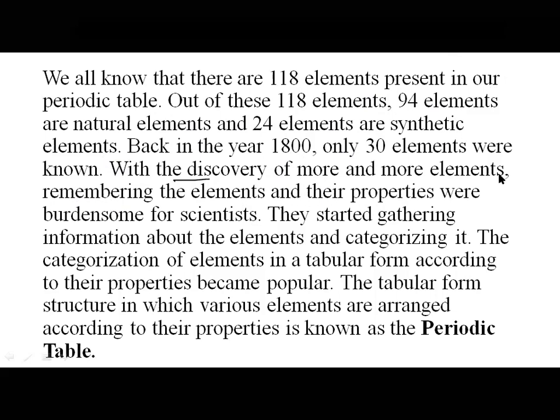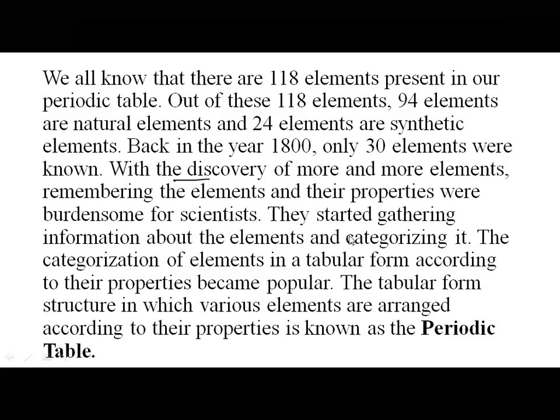With the discovery of more and more elements, remembering the elements and their properties was becoming a burden. It was burdensome for the scientists. So they started gathering information about the elements and categorizing them. I don't say that everybody started putting them in the form of a table only.